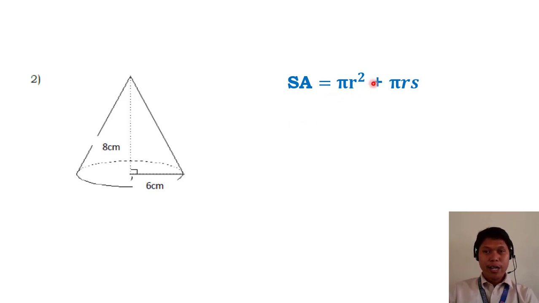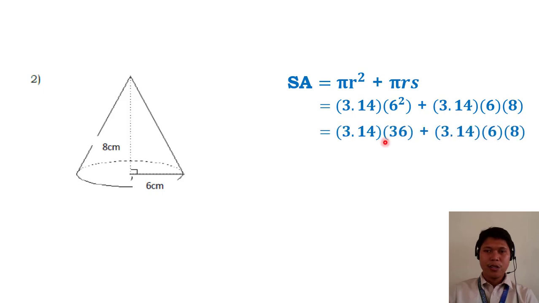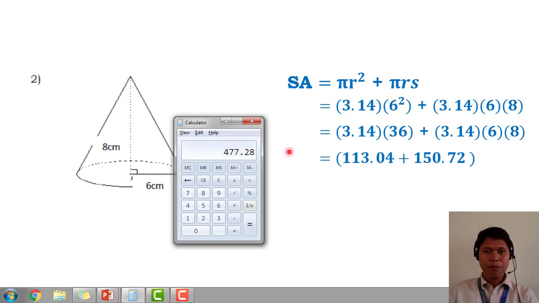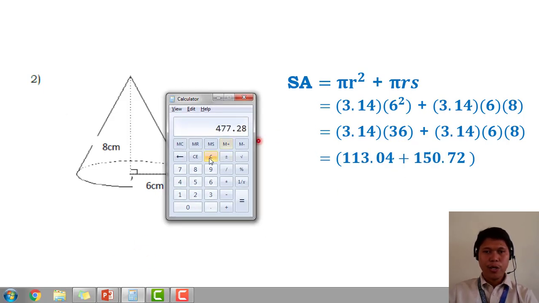So pi r squared plus pi r s, the slant height. So just substitute 3.14 times r squared, which is 6 squared, and 3.14 times the radius is 6, and the slant height is 8. So we are going to simplify 6 times 6 is 36, and then we are going to check if our computation is correct.